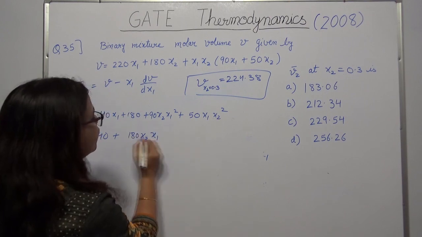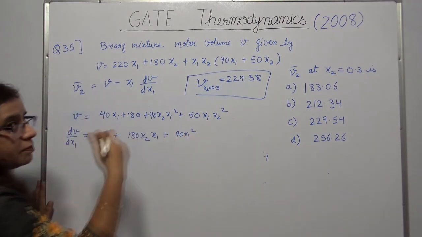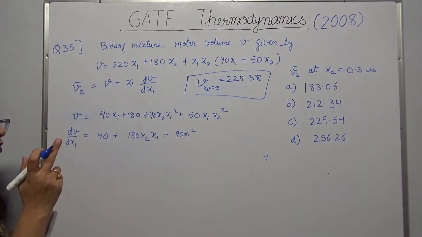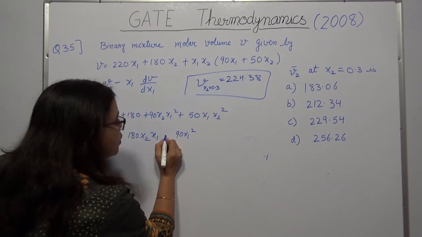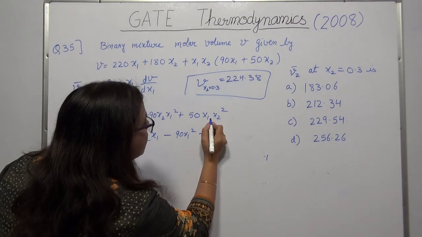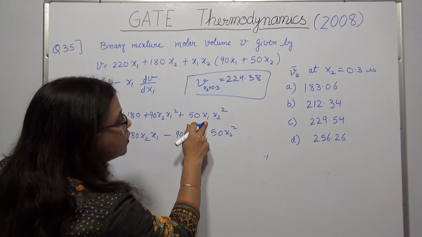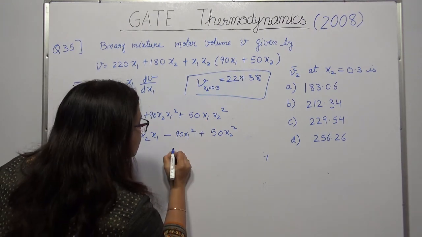Next I am going to keep x1 square constant, and x2, which is 1 minus x1, has a differential of minus 1, so it will be minus 90 x1 square. Plus, let's first keep x2 square constant and differentiate x1, so 50 x2 square.